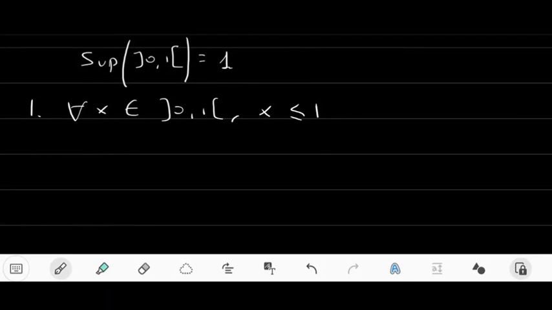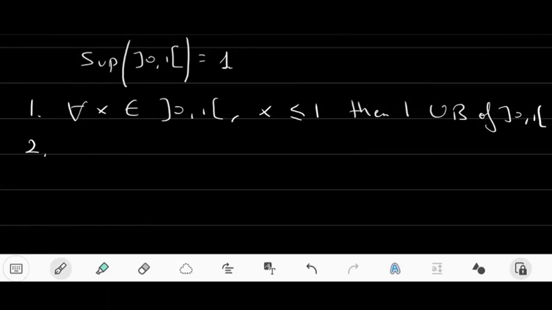Of course, it's strictly less than 1, but to satisfy the characterization as it is, it should be at least less than or equal to this upper bound, so it's true in here. Then 1 is an upper bound of the set (0,1).